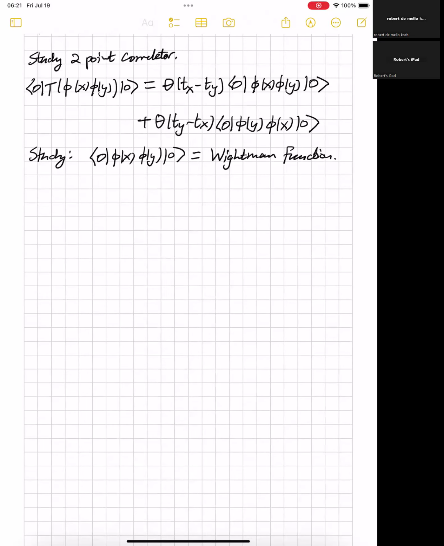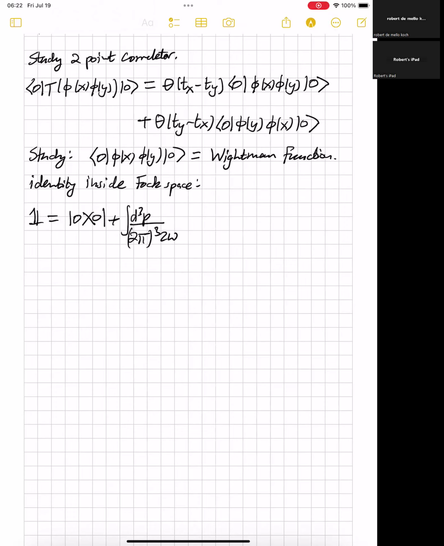Okay, now I want to write down the identity inside Fock space. So what is the identity operator? Well, I need the identity operator inside the state with no particles. I need the identity operator inside the state with one particle.